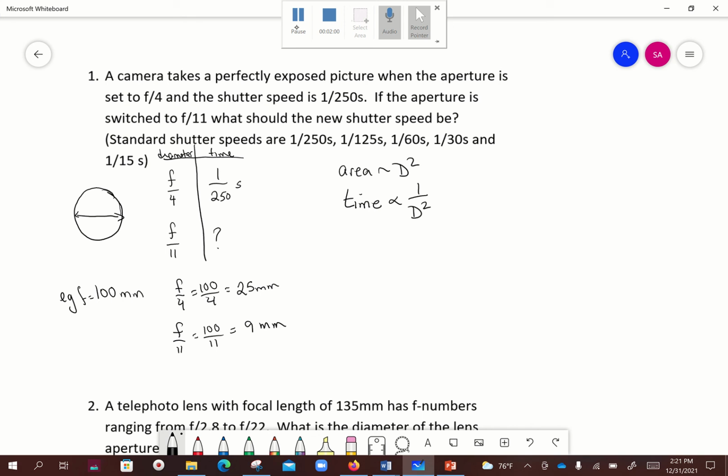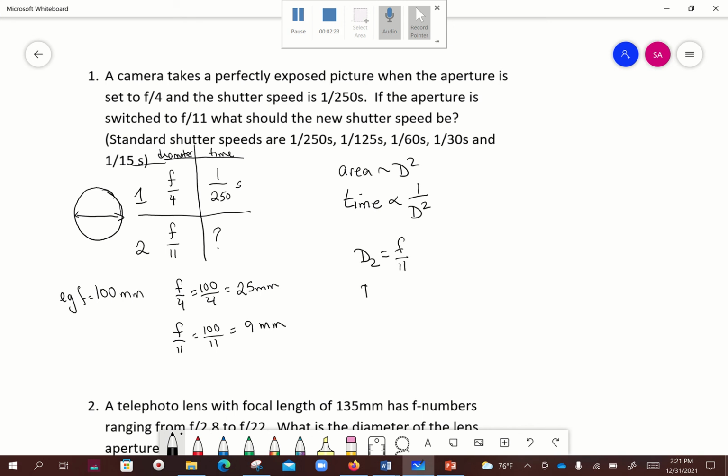So f/11 is a smaller opening, and so we should have to have the camera open for a longer time in order to get the same amount of light through. Okay, so how does the diameter compare? So let's call this 1 and 2. The diameter for 2 is f/11.